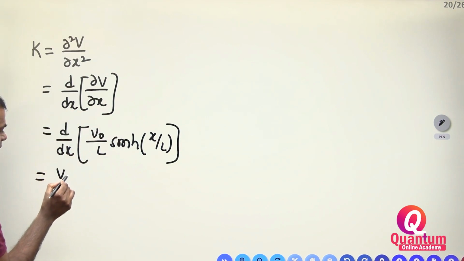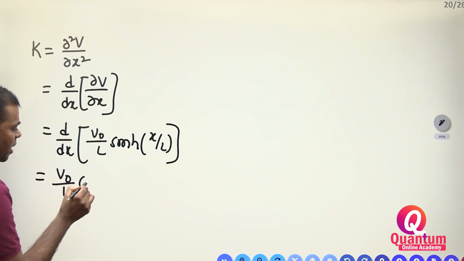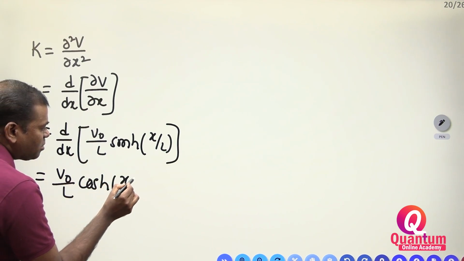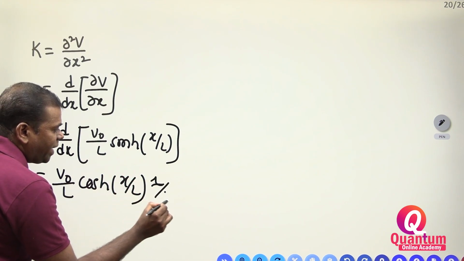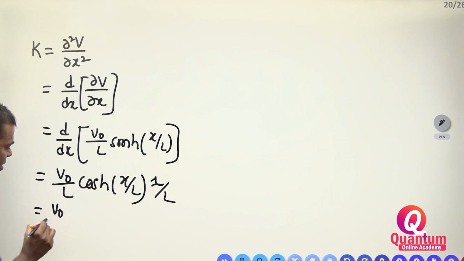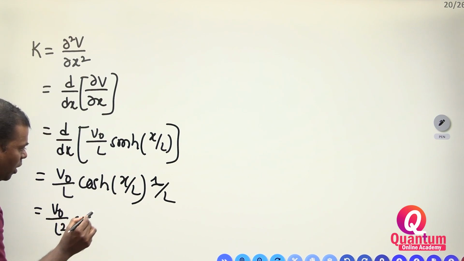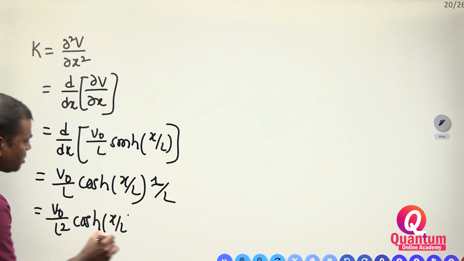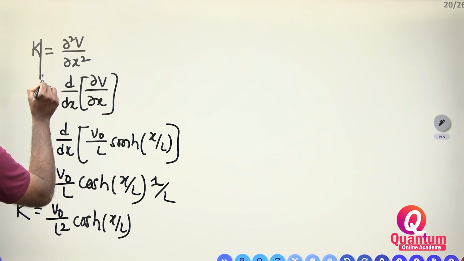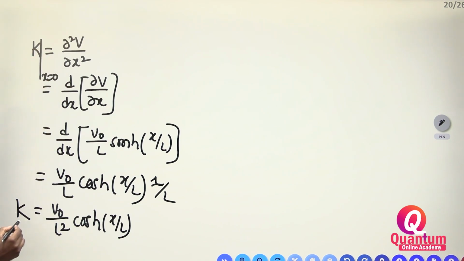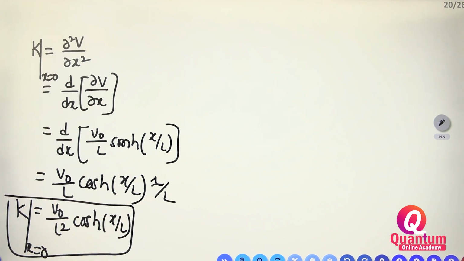Again you take V naught by L as the constant, cos h x by L, and differentiate x by L, which gives 1 by L. So V naught divided by L square into cos h x by L is equal to k. But at x equal to 0, the equilibrium point, this value belongs to k.